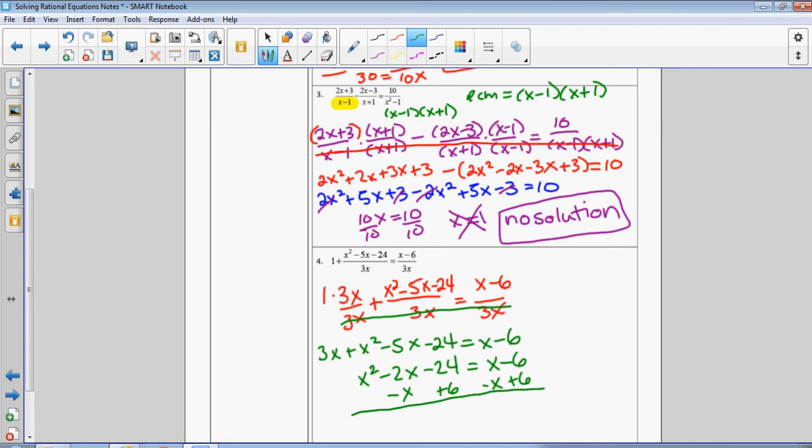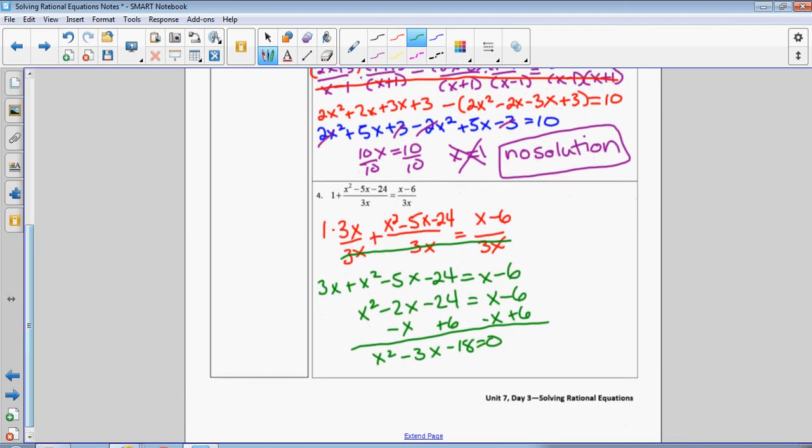Alright, so we have x squared minus 3x minus 18 equals 0. And we're going to factor. So our factors are x minus 6 and x plus 3. So that means our zeros are x equals 6 and x equals negative 3.